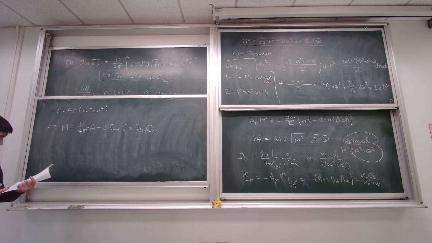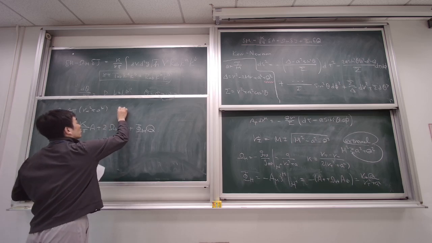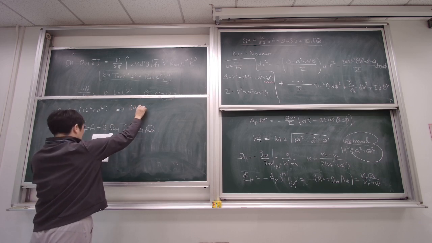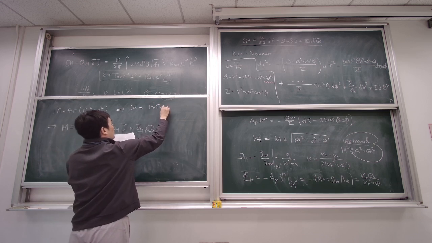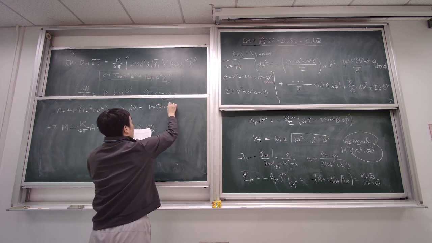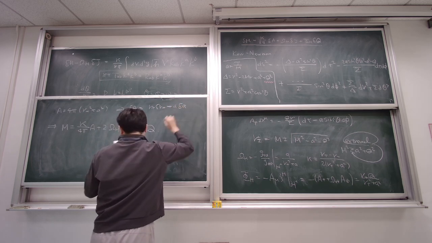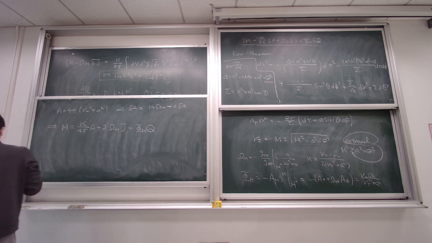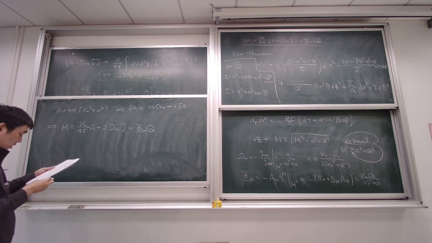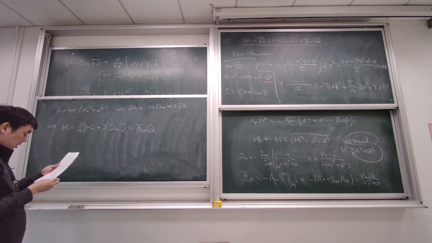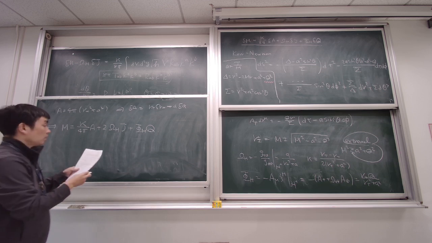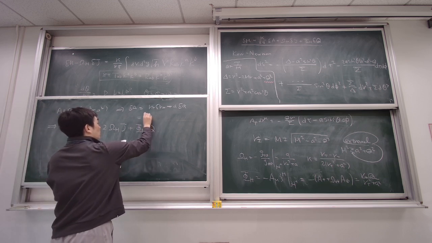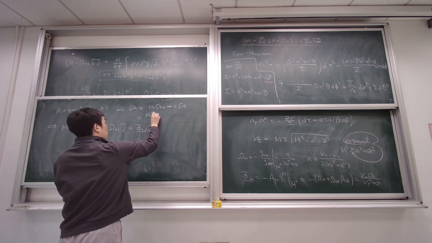And then from here, one can just write down dA is given by r_+ dr_+ plus a da, like this way, which can be written as follows, with r_+ squared plus a squared.